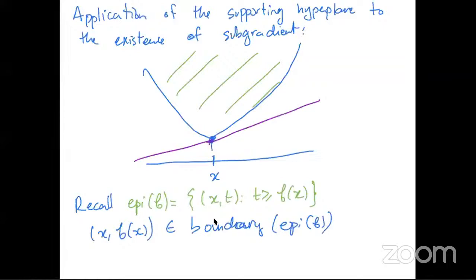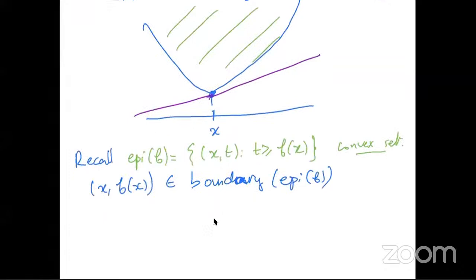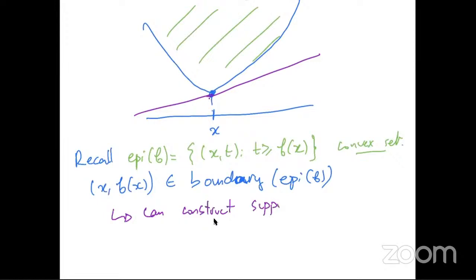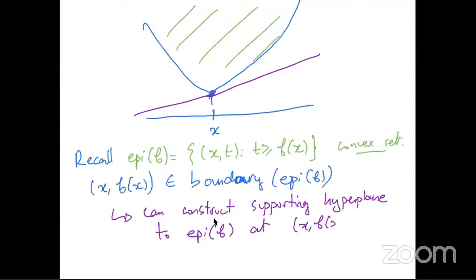And obviously we know that this epigraph is a convex set. I have a point on the boundary, so this means that I can construct a supporting hyperplane to the epigraph at the point (x, f of x).